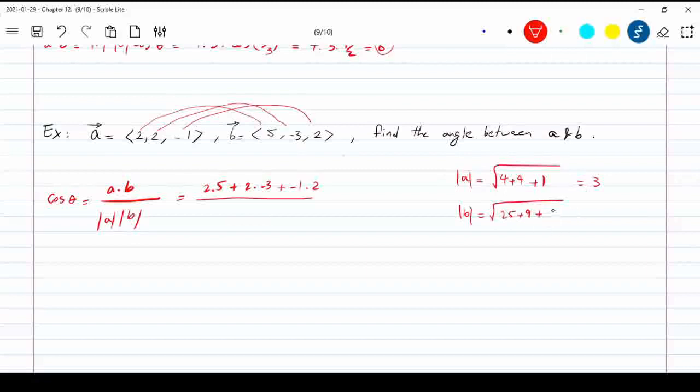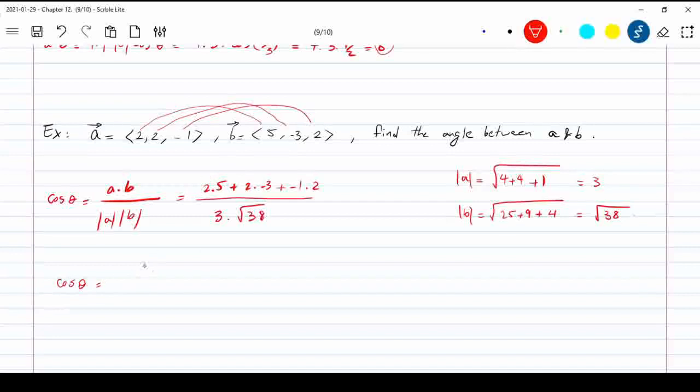This is something we have already discussed in the last section. That is 34, 38, I believe. 38, yes, square root of 38. Okay, so what we have here is divided by 3 times square root of 38. So what is cosine theta?